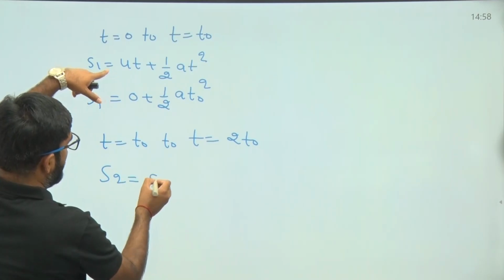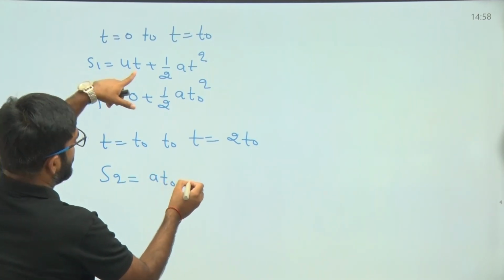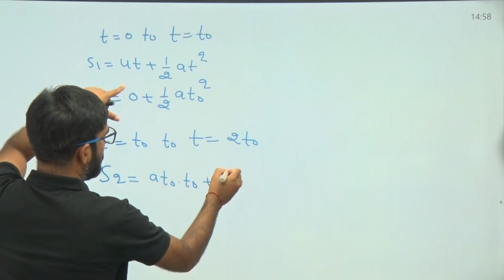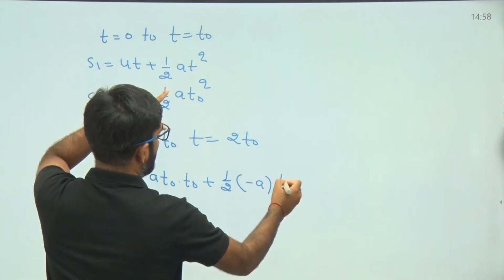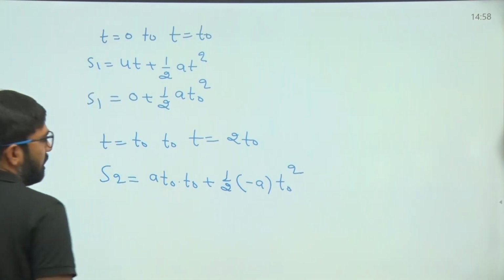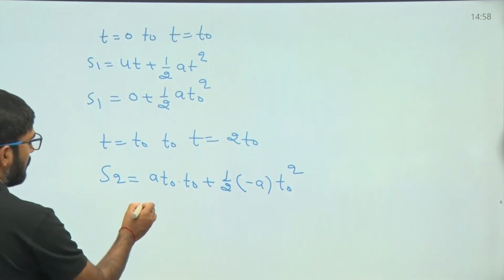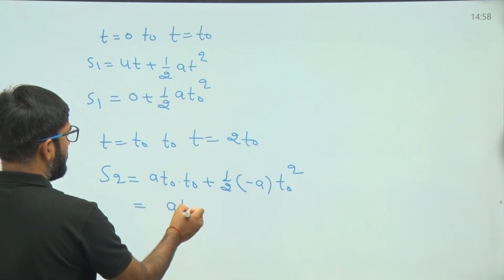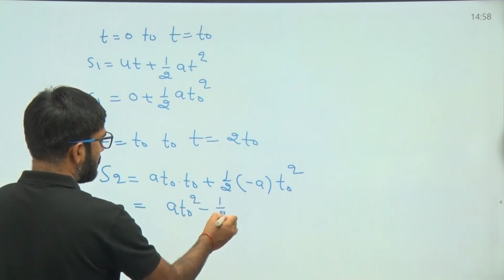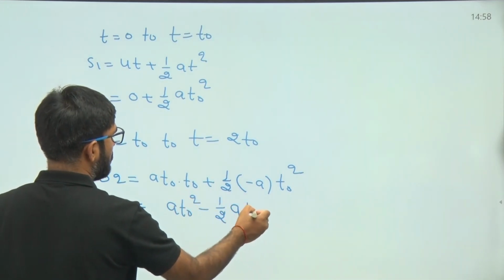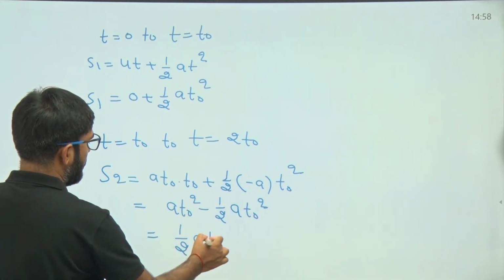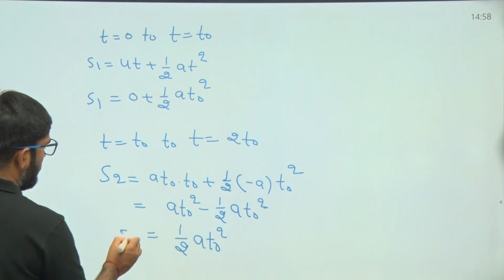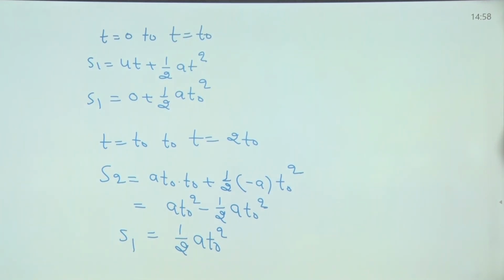Value of u is a into t naught, into time of motion t naught, plus half, acceleration will be negative, minus a, and time of motion is t naught, then t naught square. On solving this, we get a t naught square minus half into a into t naught square, and this value will be half into a into t naught square. Then S1 and S2 both are same.